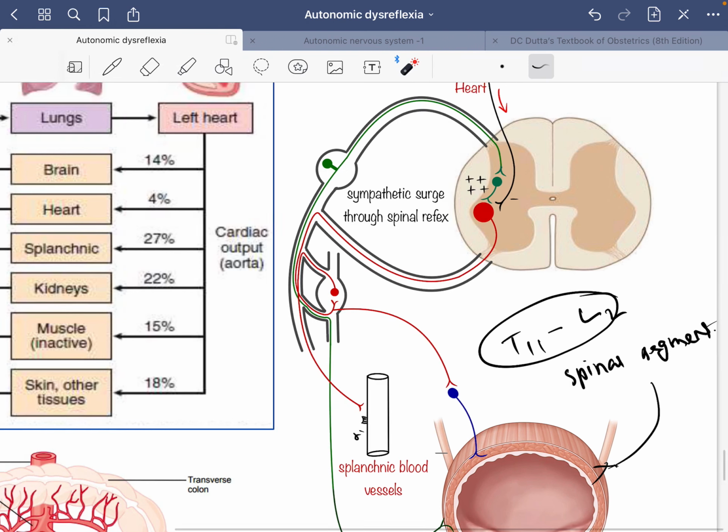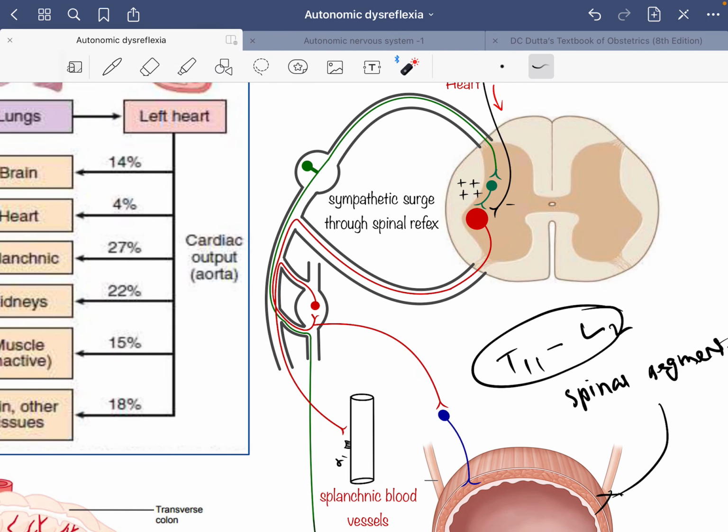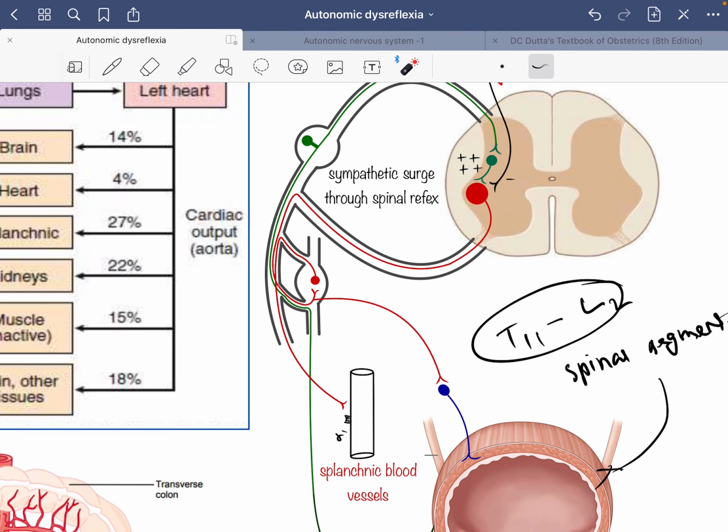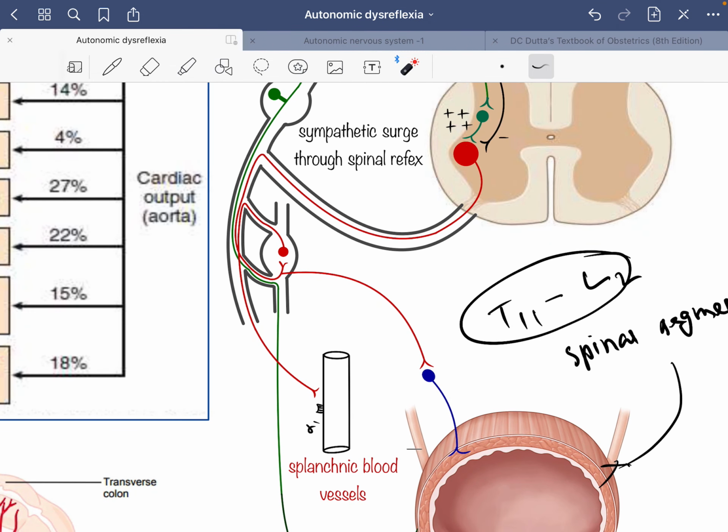When the interneuron activates the lateral horn cell, it starts to release acetylcholine on the postganglionic neuron.